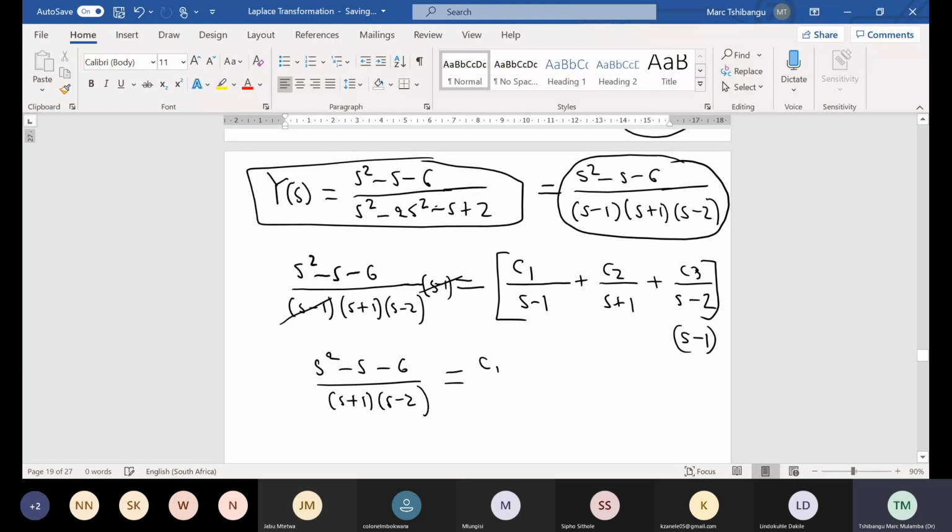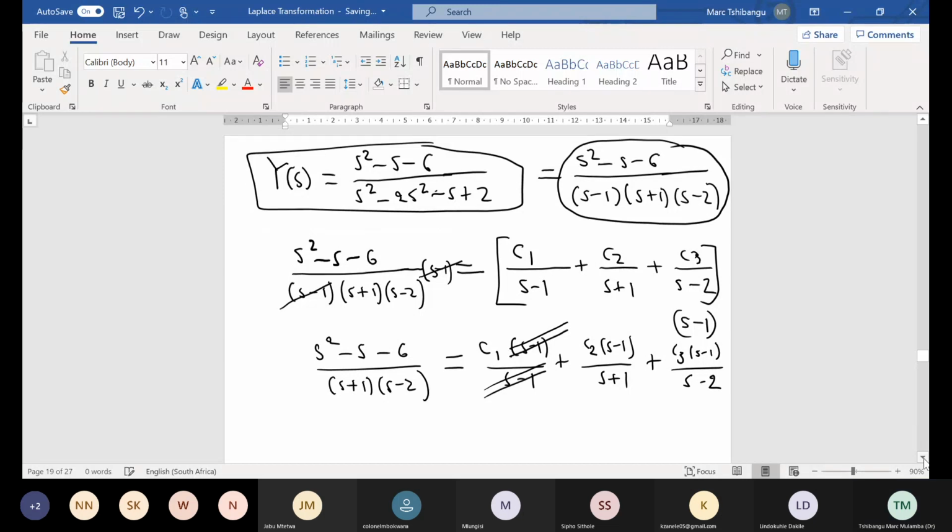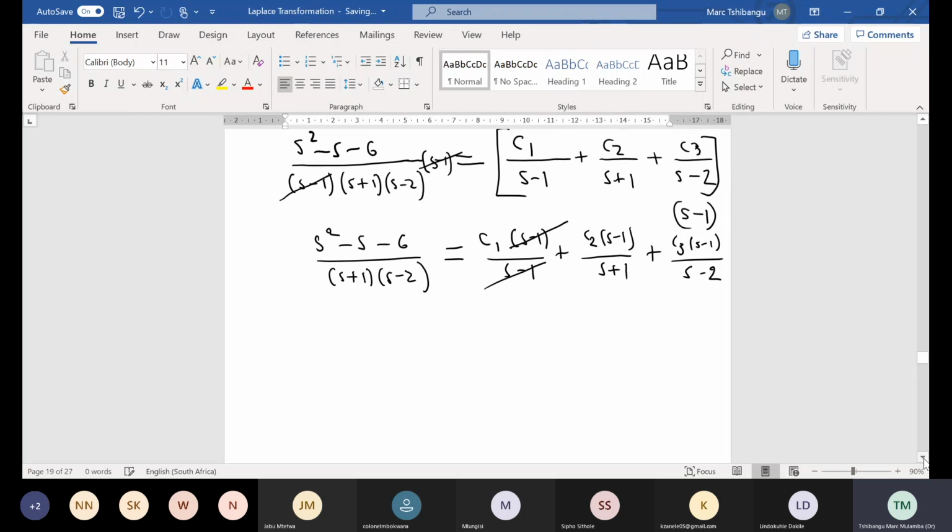I have c1 times (s minus 1) over (s minus 1) plus c2 times (s minus 1) over (s plus 1) plus c3 (s minus 1) over (s minus 2). Check, as you can see, this can go with that one. There's nothing else that we can cancel.